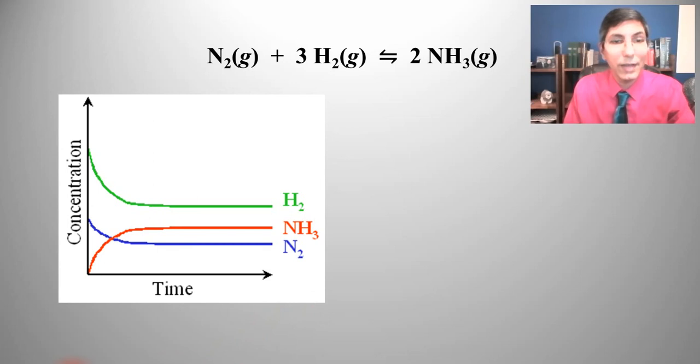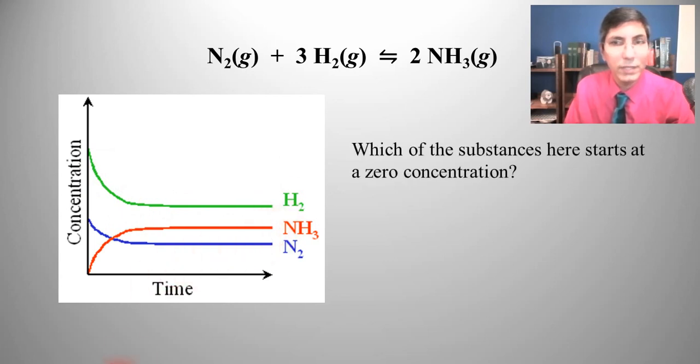Now, let's take a look at a chemical reaction. So this is not a dance floor problem. This is a real chemical reaction. We're going to take nitrogen gas and 3 moles of hydrogen gas and produce 2 moles of ammonia gas. And so we have the same graph here, except we have the chemical compounds. Once again, which of the substances here starts at a 0 concentration?